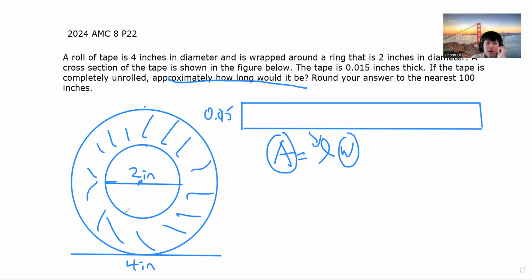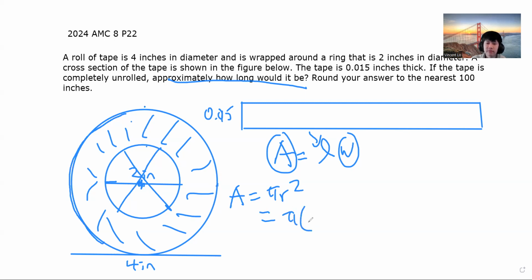So how do we do this? What we can do is find the area of the big circle and then subtract the area of the small circle. That will leave us with the area of the annulus. The area of a circle is equal to pi r squared. The radius is equal to half the diameter because it's the distance from the center to the outside of the circle.